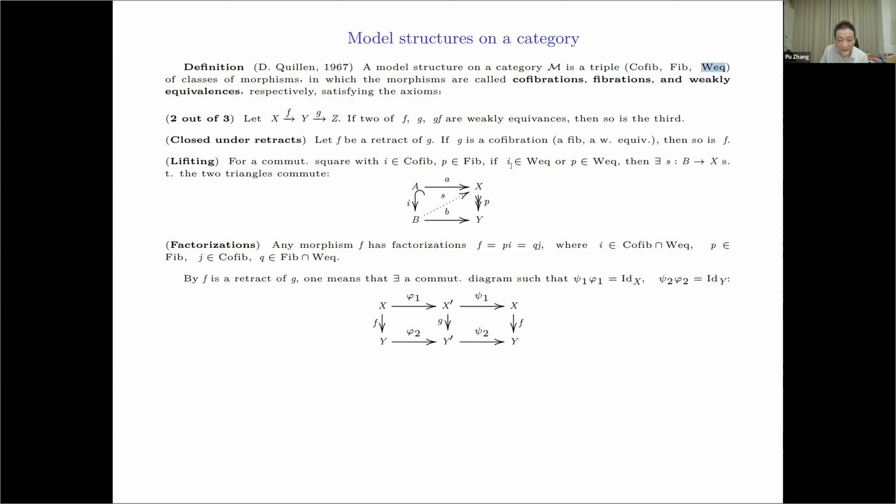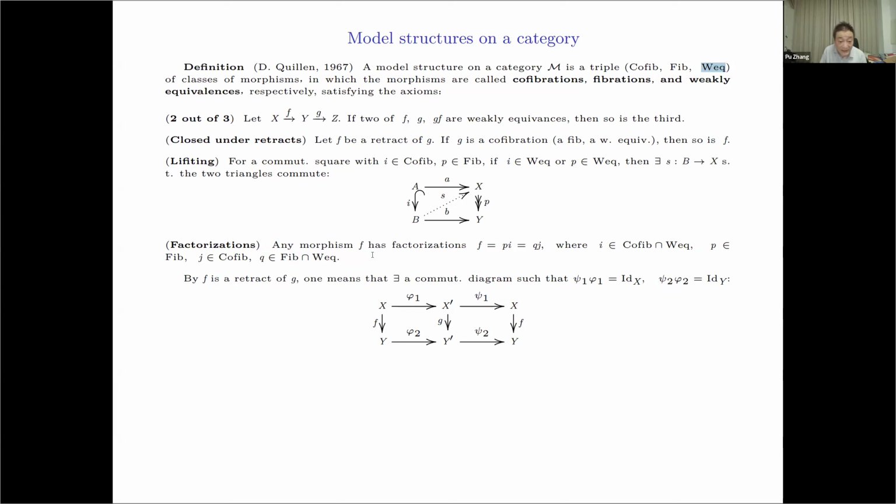If i is a weak equivalence, or if p is a weak equivalence, that is, if i is a trivial cofibration, by trivial cofibration we mean i is a cofibration and i is a weak equivalence, or p is a trivial fibration, that means p is a fibration and p is a weak equivalence, there exists a lifting from B to X such that these two triangles commute. That means is equals a and sp equals b.